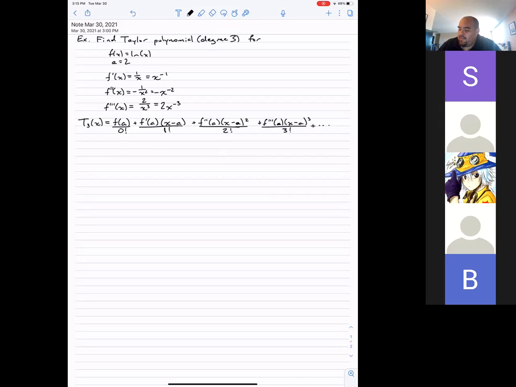So now we can start filling things in. Remember we said our a was 2. So what's that first term going to be? f of 2, or ln of 2. Yep, natural log of 2. All right, then the second one.